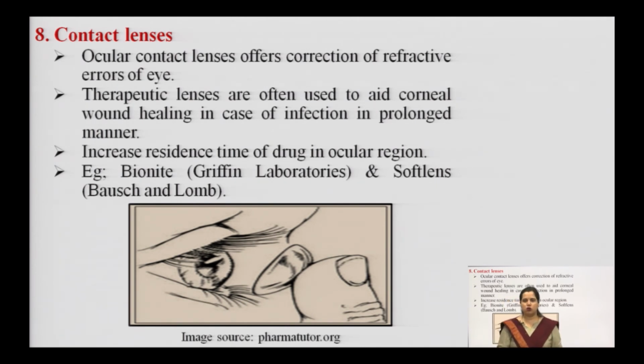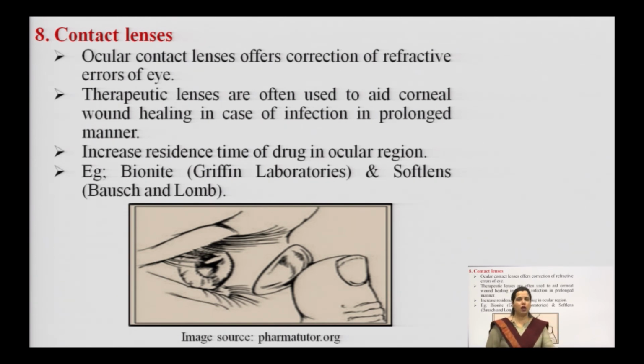Medicated lenses are also available in the market. Therapeutic lenses are often used to aid corneal wound healing in case of prolonged infection, right. They increase the residence time of the drug in the ocular region.